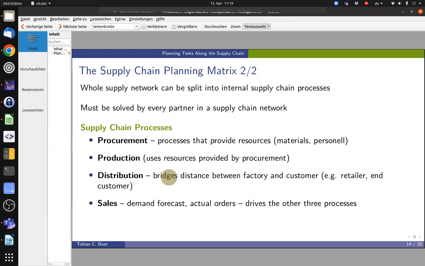Distribution is about how we can overcome the physical distance between our factory and our customer. And sales is about how to estimate what products we will sell in the future. And depending on our estimate for the future, on what we will sell and how much, all the other 3 processes are driven. Depending on how much we will sell, we need to set up our distribution and our production system and our procurement system.